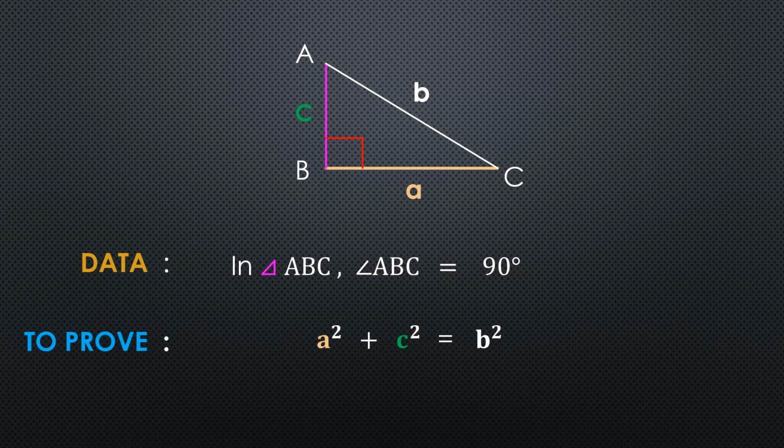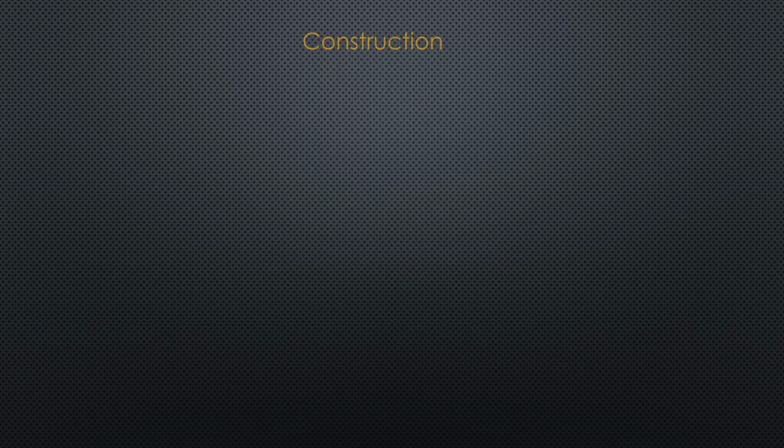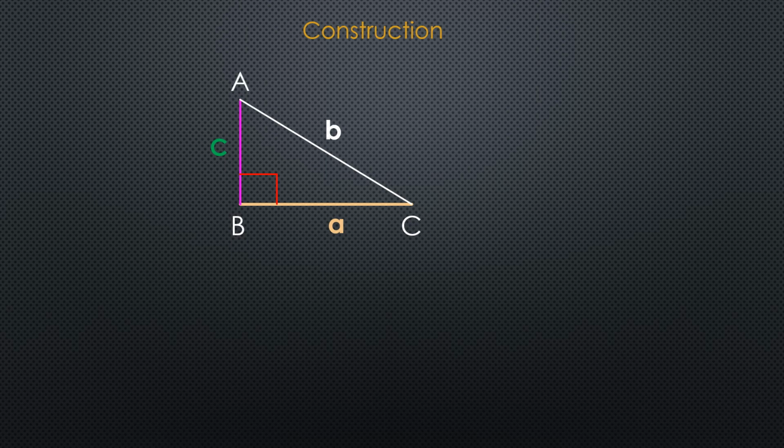So Garfield has thought in a different way. If you see the construction, we can understand it. This is the construction he has thought for this. This is our figure as per our data. First he says to extend BC to a point E such that CE is equal to AB.